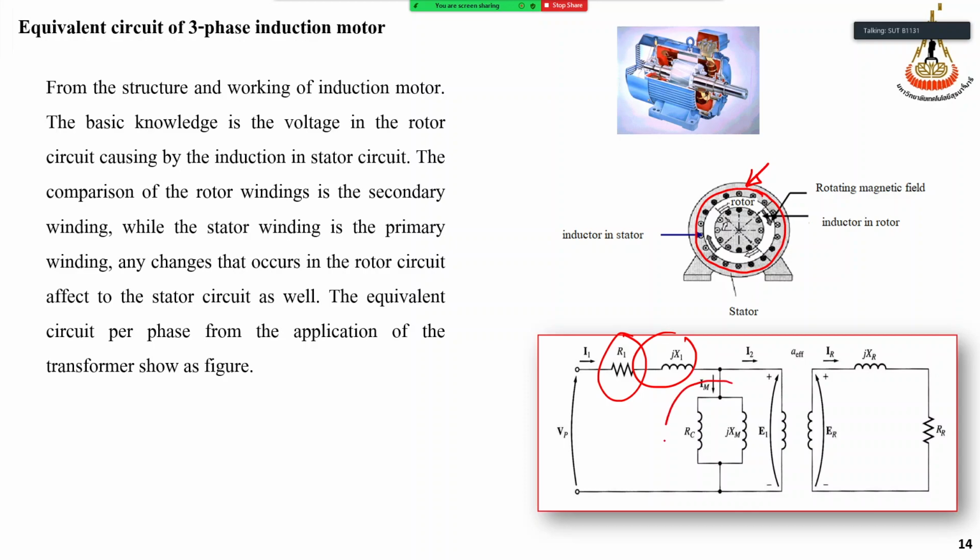This is the RC and XM representation. And the rotor also has resistance and inductance. So the equivalent circuit represents different parts of the induction motor.